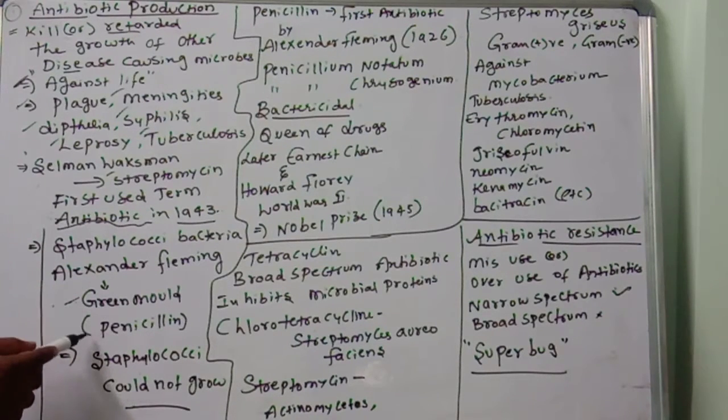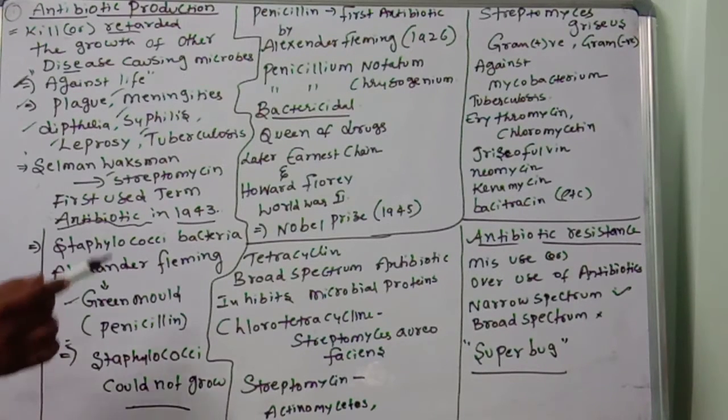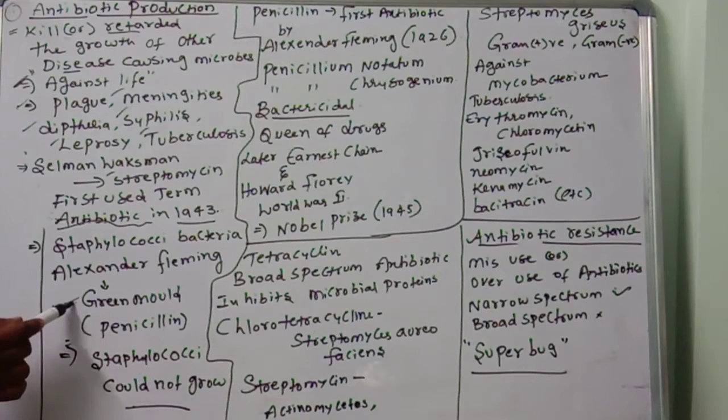So some chemical must be in that green mold. Later Fleming identified it as penicillin. So it is an accidental discovery, an accidental invention.